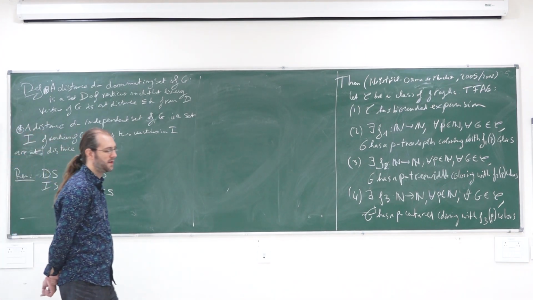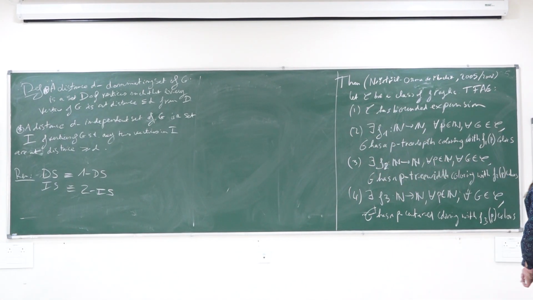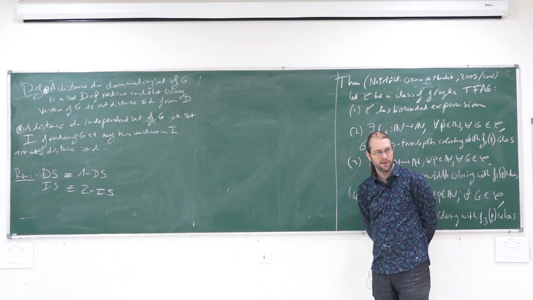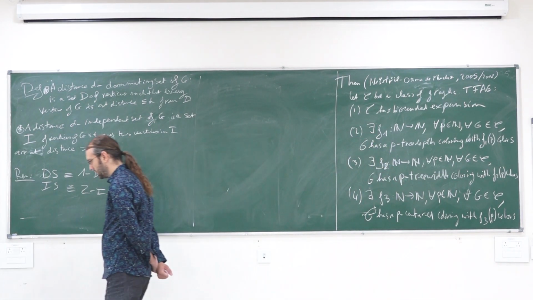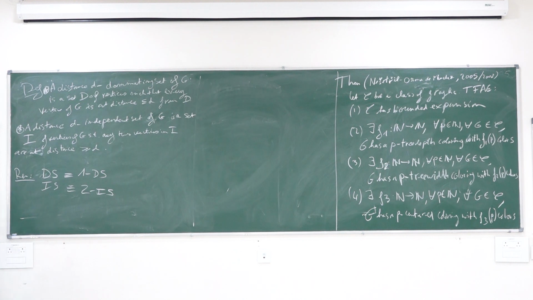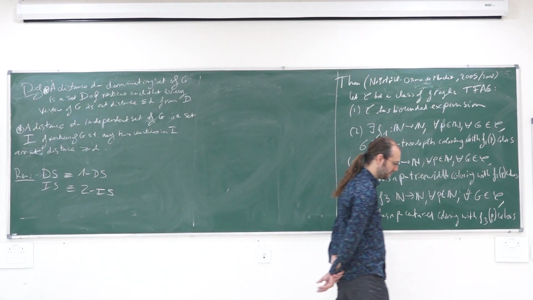No. For example, a path has large tree depth. A path of length n will have tree depth log n. So all these inequalities are strict. What I showed you, there's no bound for us, no constant.